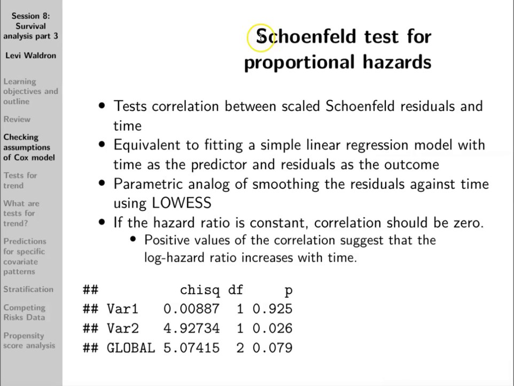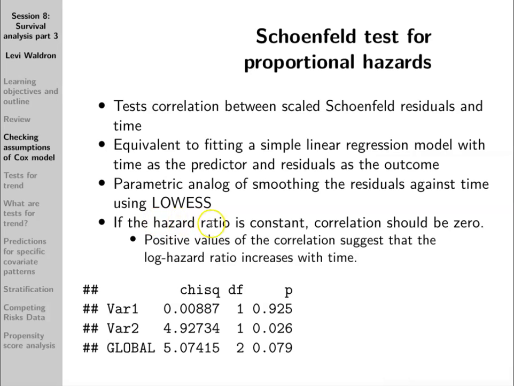These also come with a test for proportional hazards that is essentially equivalent to fitting a linear regression model with time as the predictor and residuals as the outcome, and doing that for each one of the variables. It's a parametric analog to those lines that you saw on the previous page, or smoothed values of the residuals against time using a procedure called LOESS, which is just fitting a curved line to a set of data points.